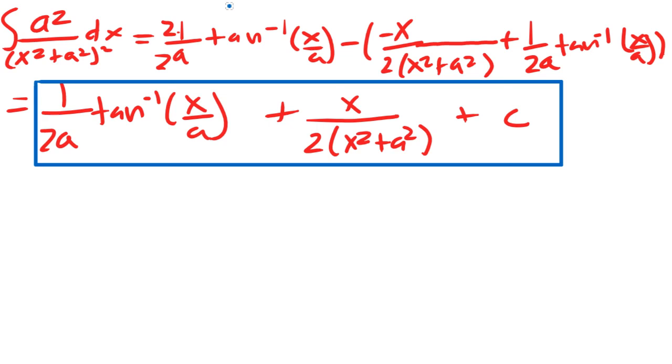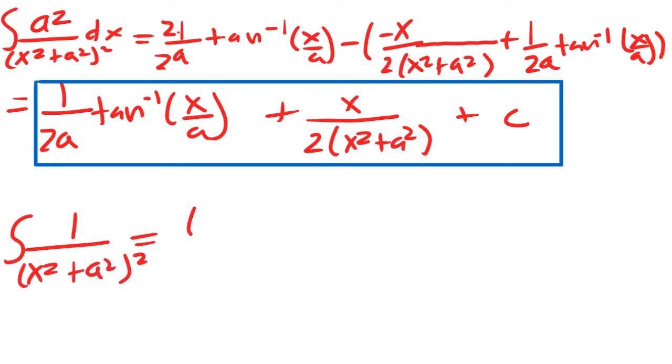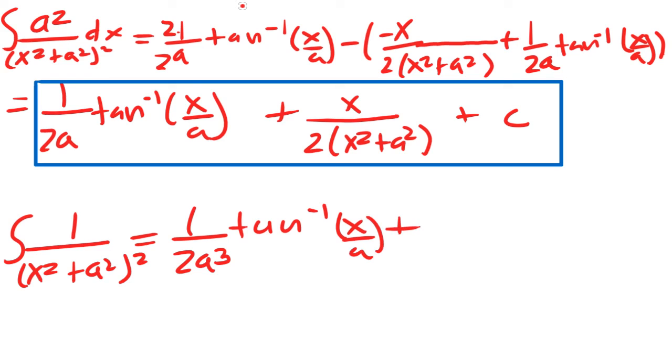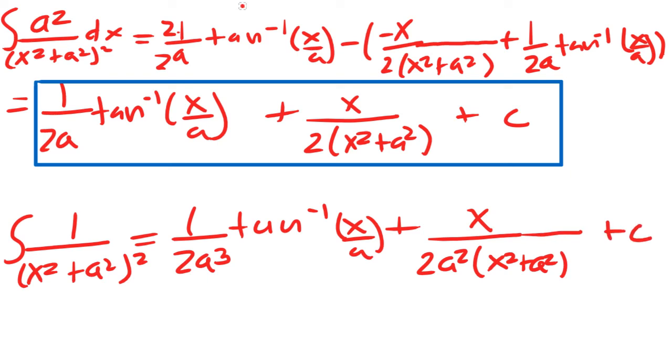Now, whether or not you said that you wanted to divide this whole thing by, let's say, a squared, in that case, that would technically change the formula, where you'd be saying that the integral of 1 over (x squared plus a squared) squared is equal to 1 over 2a cubed arctangent inverse of x over a plus, okay, so you divide by a squared, so that's going to be x divided by 2a squared times (x squared plus a squared), and then just plus c.